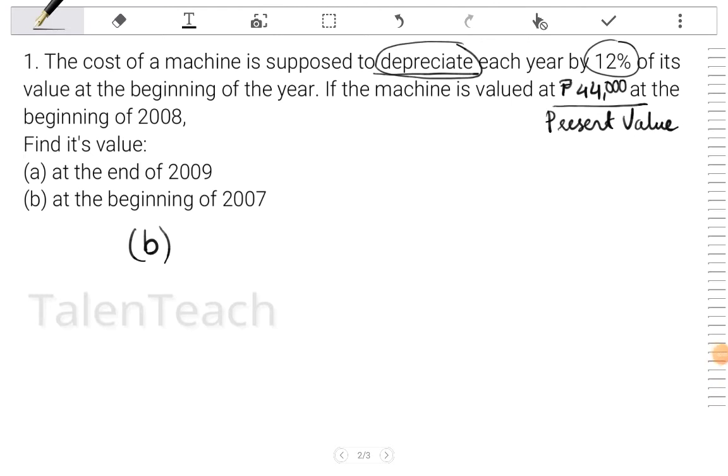Next, question number B. We have to find the value at the beginning of 2007. So here it is depreciation, but the present value is at the beginning of 2008, and we have to find the value at the beginning of 2007.